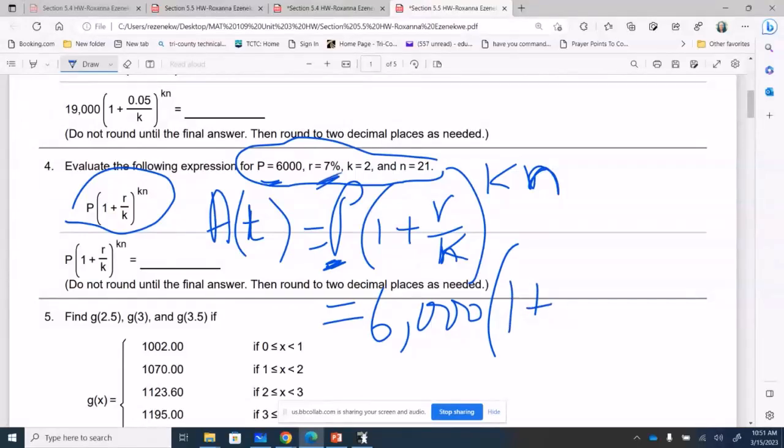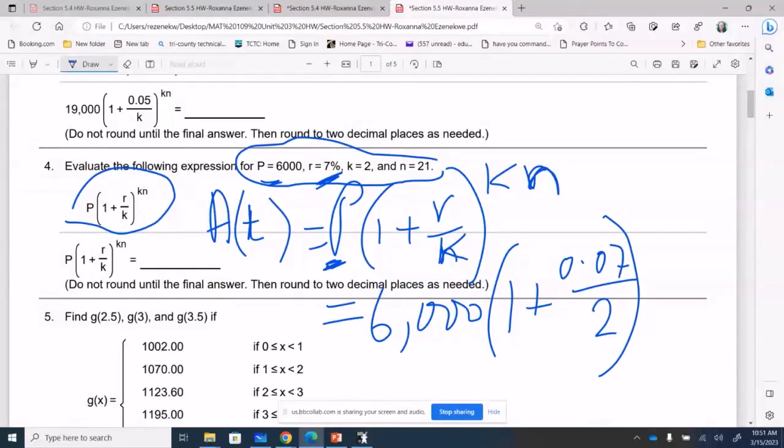The rate is 7%. Remember, you have to change the rate to decimal, so it has to be 0.07, divided by k. And what is k? k is 2, and k means the number of compounding periods. So if the number of compounding periods is 2, how else can you say it?